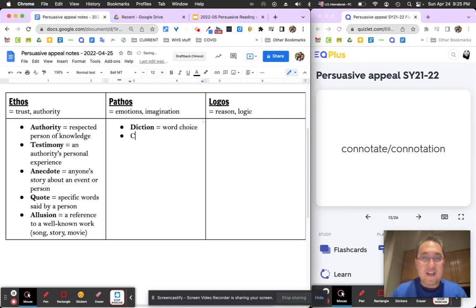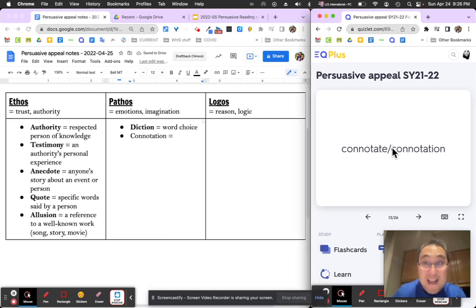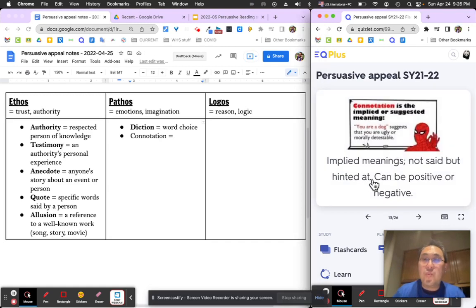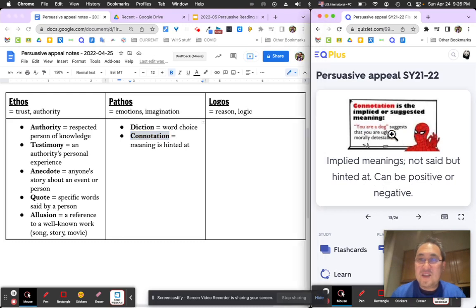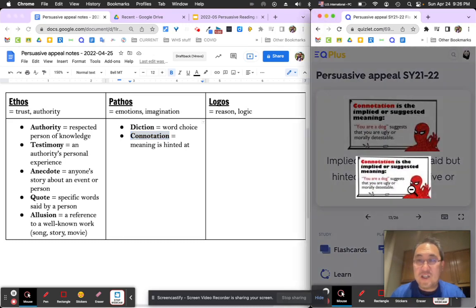Connotation. Now, this one you guys do a lot. It's when you hint at something and you don't really state the meaning. Meaning is hinted at. It's not exactly the words that you're saying; it's not said, but it's hinted at. It can be positive, it can be negative. Here's Spider-Man saying you're a dog.